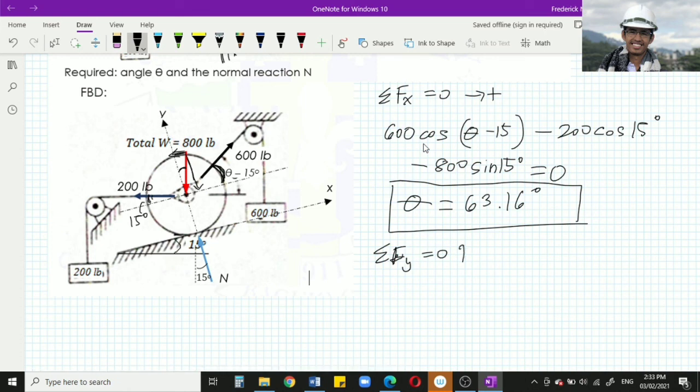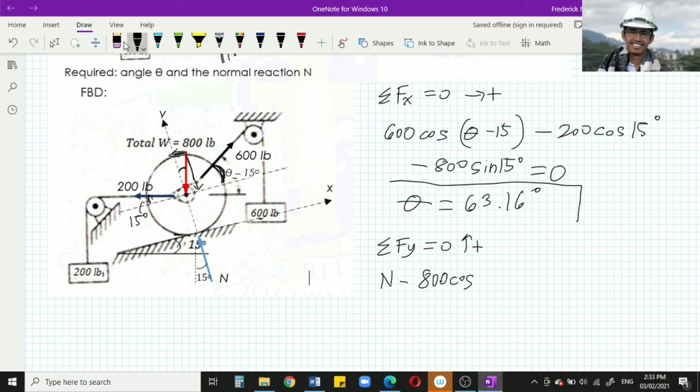So upward is positive. Okay? So first, yung normal force natin, that will be N minus, so downward nung ating 800 pounds. So that will be yung y component ng ating cylinder. So that will be 800. So kung sine yung ginamit natin dun kanina, so that will be cosine naman yung gagamitin natin dito.